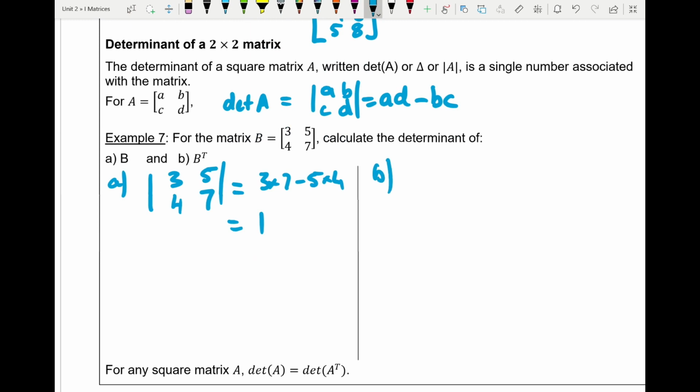And for our second example, we're now taking the determinant of [3 5; 4 7]. We still get 3 times 7, and we still get 5 times 4. So we get the exact same determinant. So we can see that for any square matrix, the determinant of A is equal to the determinant of A transpose.